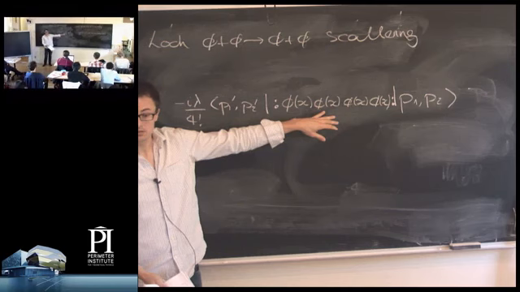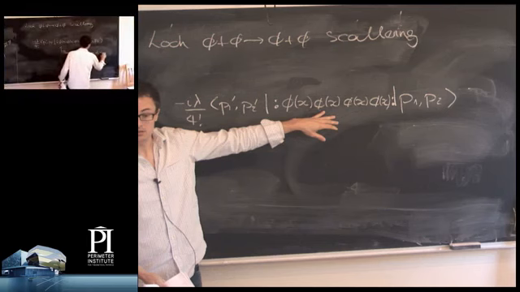Expand this out in a's and a daggers, and just see it for yourself. You'll find that it comes out to be proportional to lambda and not lambda over 4 factorial. Okay, so let me just write it down. There are 4 factorial ways of picking creation and annihilation operators.